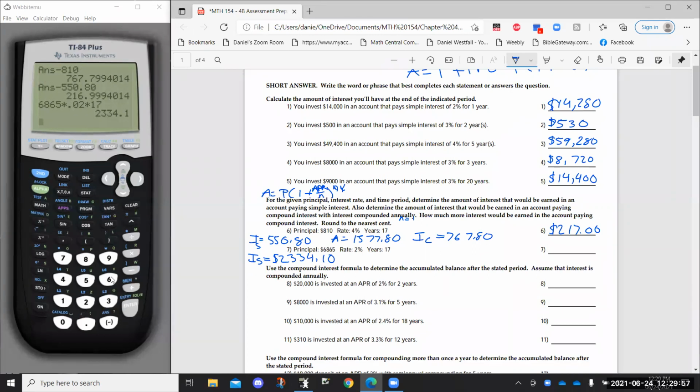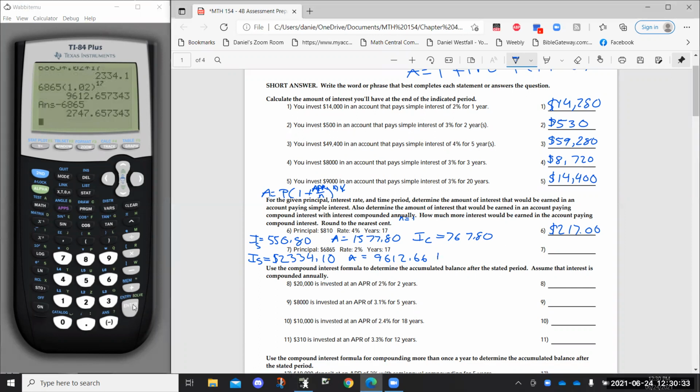My amount is going to be 68.65 times (1 plus my R). So that's going to be 1.02 raised to the 17th power. It's going to be an A of 9612.66. I'm going to subtract out my principal from that to get what my interest was.